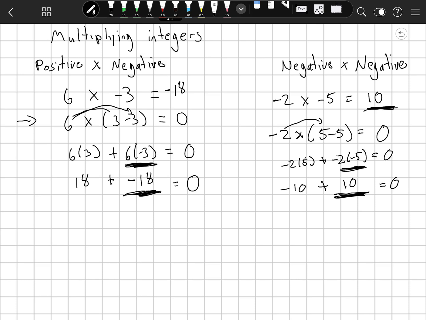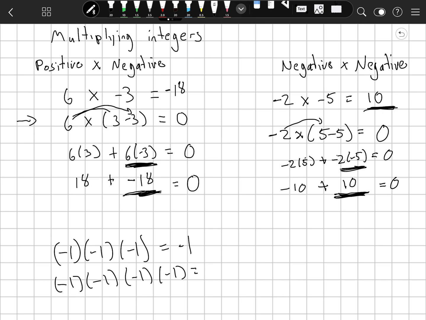Okay, let's extend this just a little bit more. What if we had negative 1 times negative 1? That's going to be positive 1. Times that positive 1 by negative 1, that's going to be negative 1. What if we had negative 1 times negative 1 times negative 1 times negative 1?